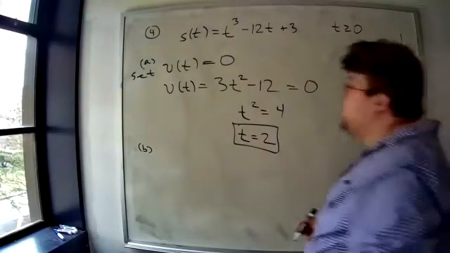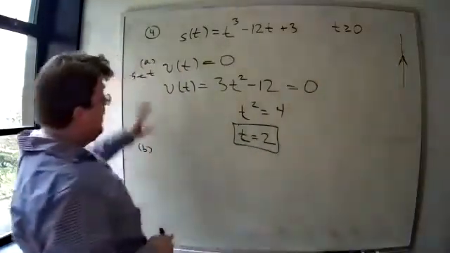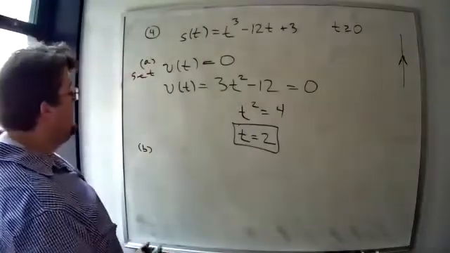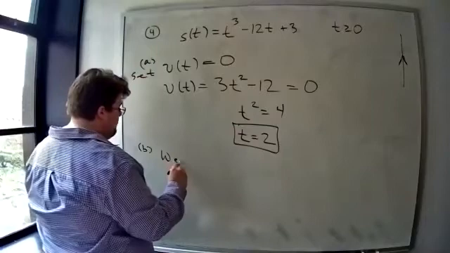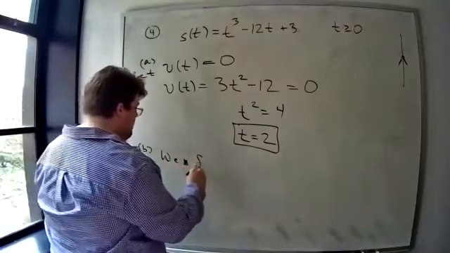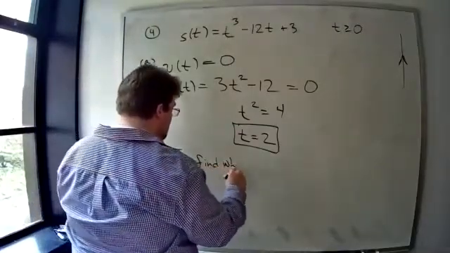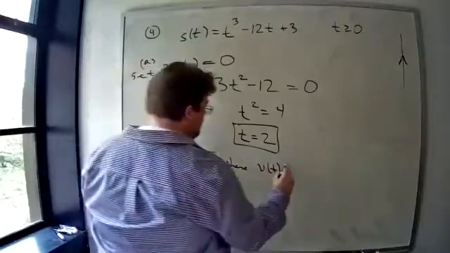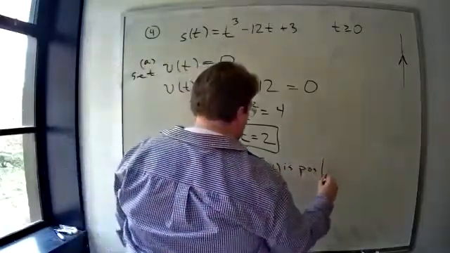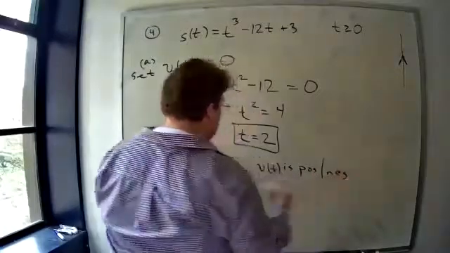So in particular, we need to find where the velocity is positive and where it's negative.